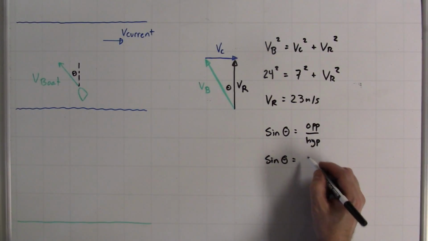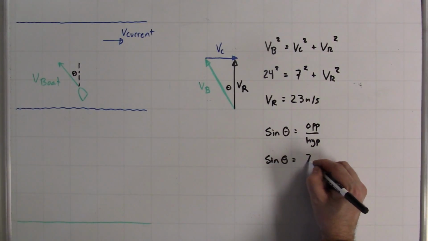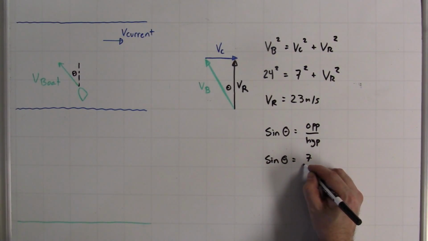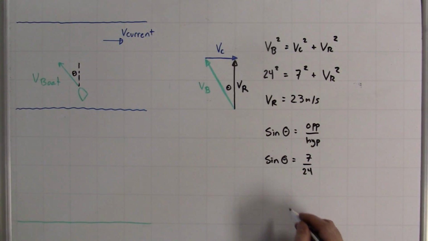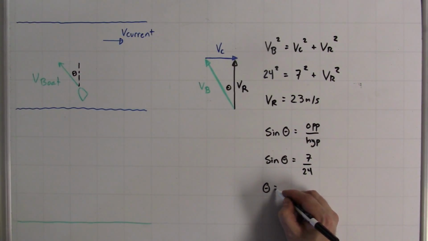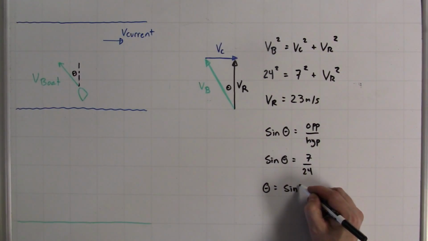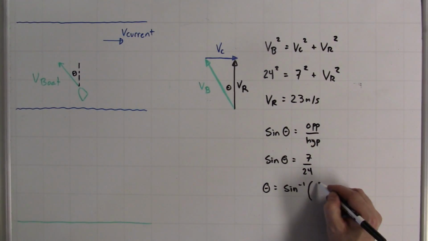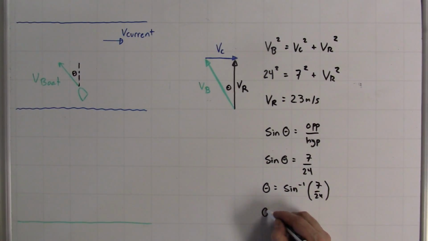The sine of the angle is equal to 7 divided by the hypotenuse, which is 24. Take the inverse sine of both sides, and we end up with my angle equal to 17 degrees.